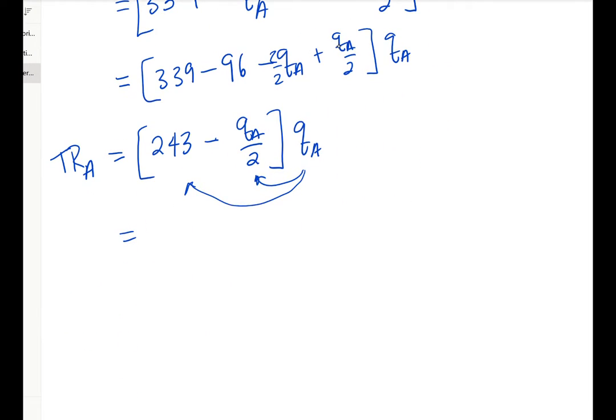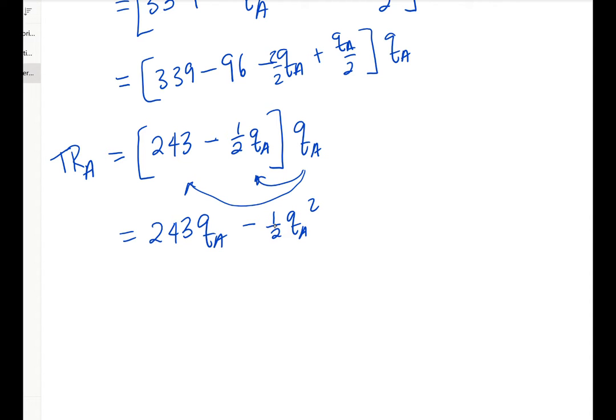So we have 243 times QA minus QA squared over 2. Or if we want to keep things a little cleaner, we can separate the half from the QA so you can see why it's squared: minus 1 over 2 times QA squared.